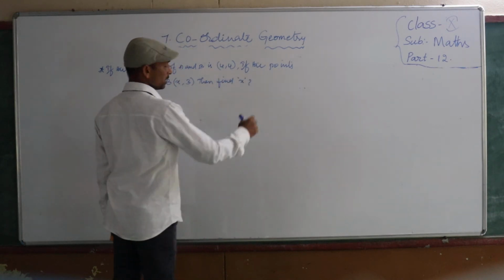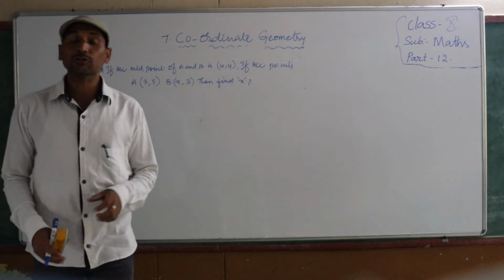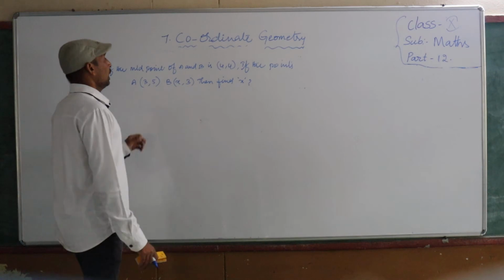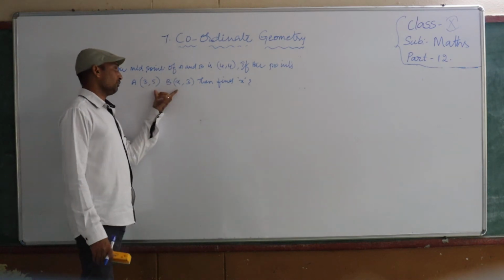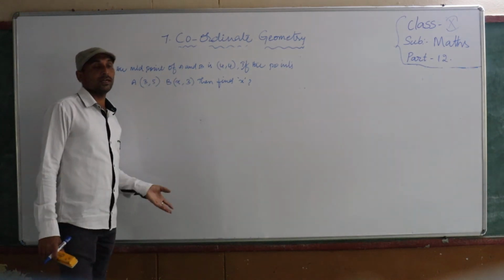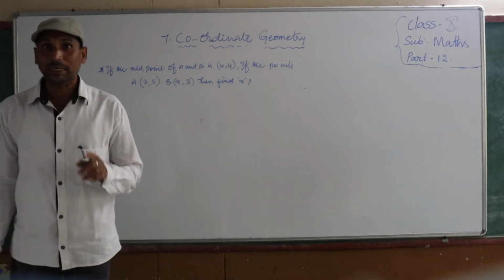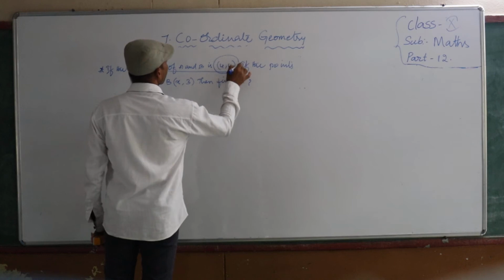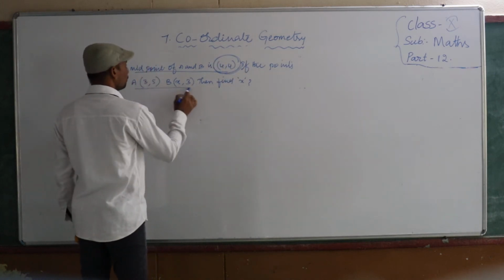See here, in the previous question we simply found the midpoint when they gave the points. But here they have given the midpoint and they have given 2 points.